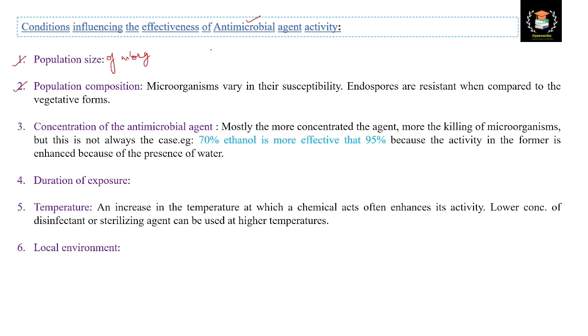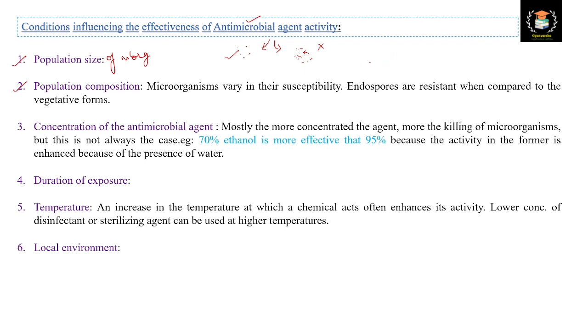Consider if you have around 5 organisms and here you have around 50 organisms. If you're using the same concentration of antimicrobial agent on both, here you will say it is not effective and here you will say it is effective. So the population size of the microorganism matters when you're testing how effective the antimicrobial agent is.